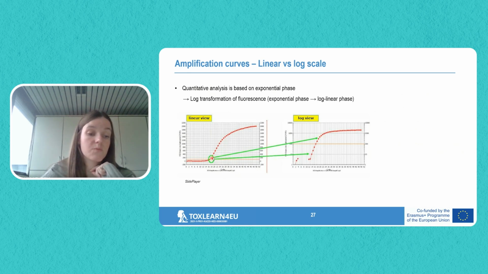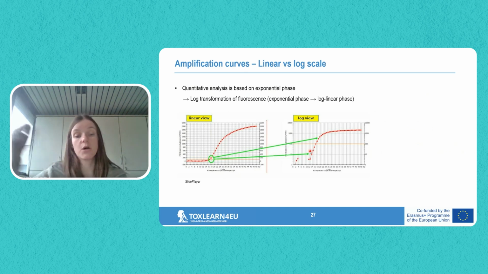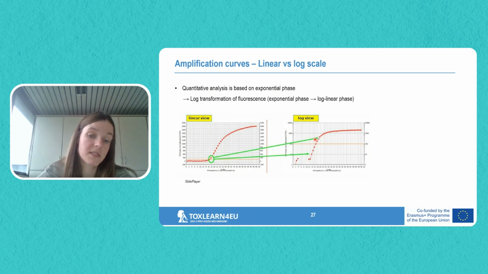So here the exponential phase in this little green circle is really expanded, let's say, and it gets this linear shape. And that's why we also call the exponential phase the log linear phase. So when you in the future see qPCR amplification curves, you will usually notice that the y-axis is in a logarithmic scale. Now, why is this important?